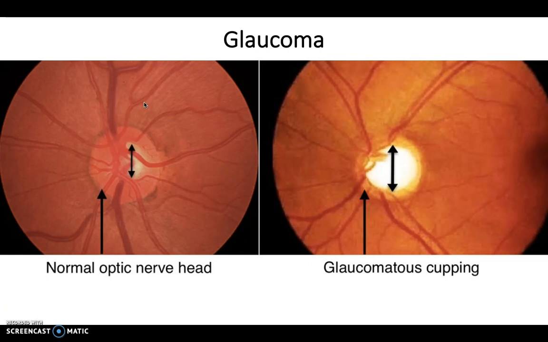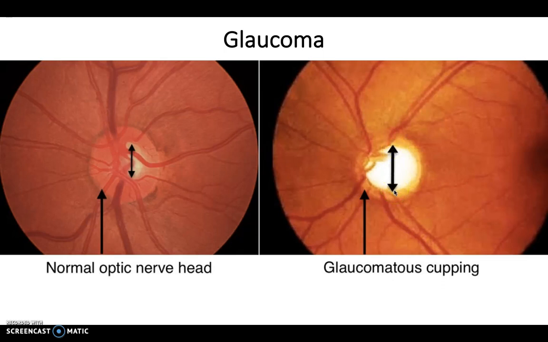As compared to this picture here, where this is the optic disc and the optic cup is here, the size of the optic cup to the optic disc is approximately 80%, which is quite high.